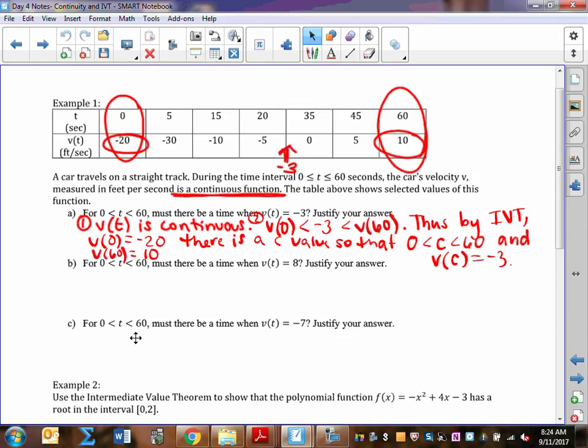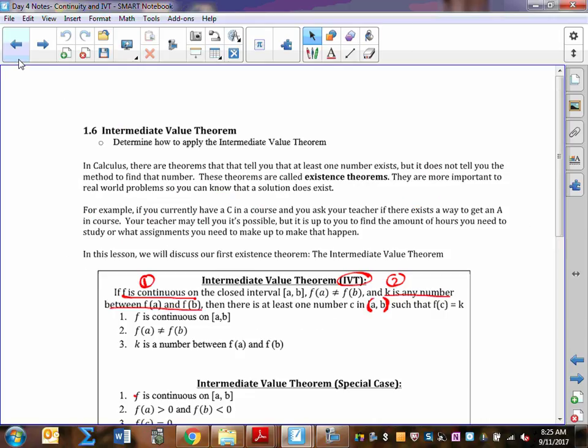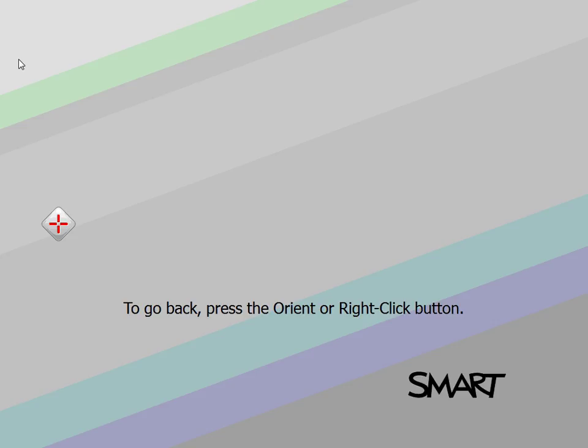Okay, so remember, IVT has a couple of conditions that need to be in order before we can actually apply it. The first thing is that our function needs to be continuous.